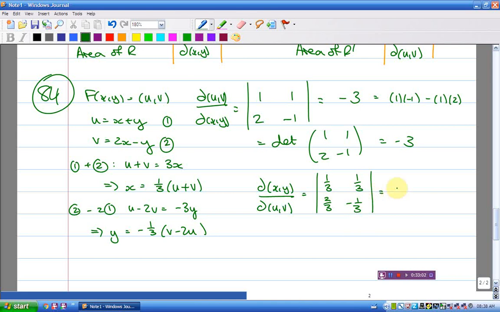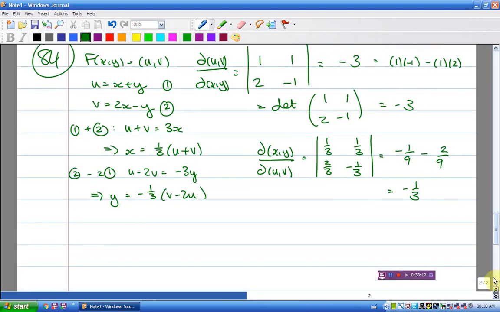So that will be minus 1/9, minus 2/9, that's minus 3/9, that's minus 1/3. See how the one Jacobian is simply the reciprocal of the other. Which is interesting because I don't think it's immediately obvious that it's going to happen, but it does.